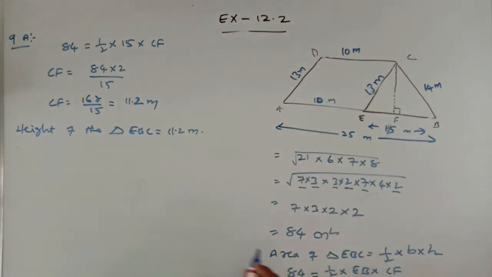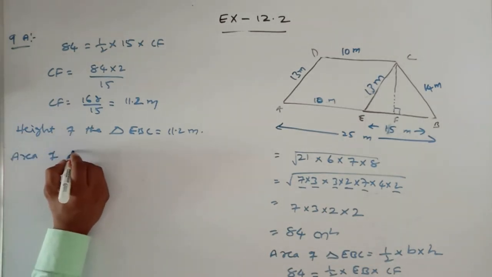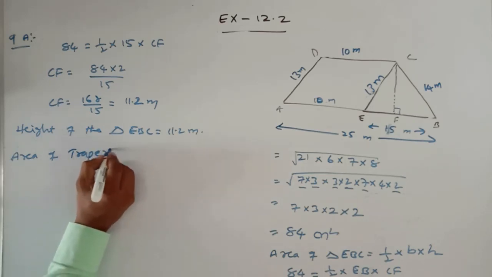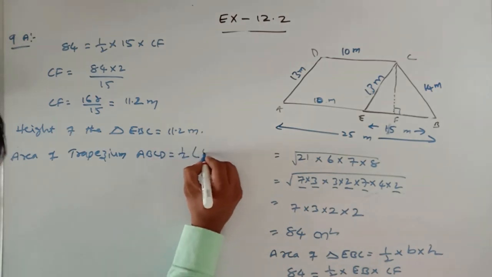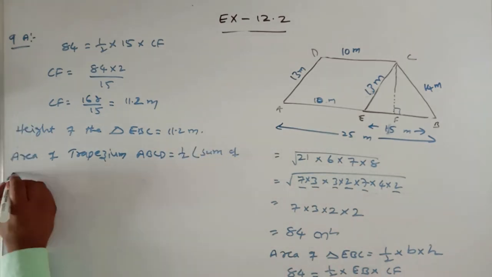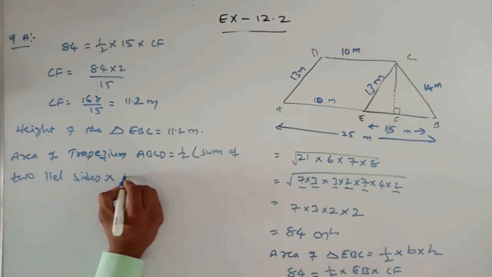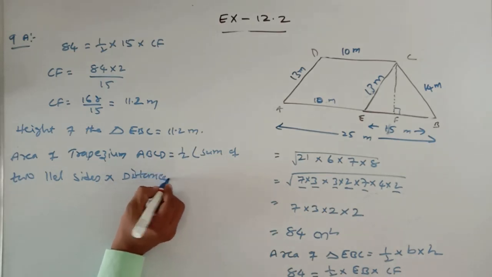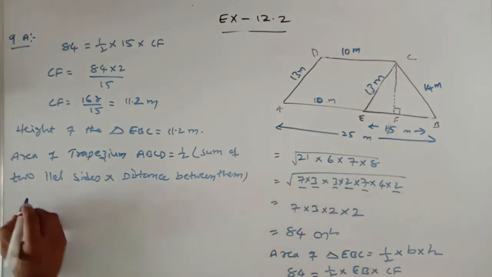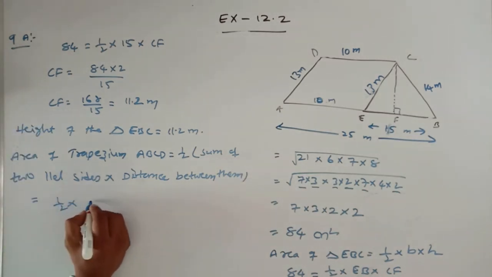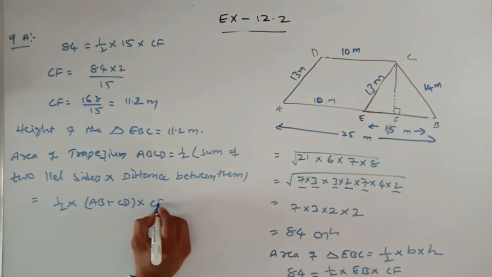Now I am going to calculate the area of the trapezium. Area of trapezium ABCD is equal to half into sum of two parallel sides into distance between them. That's equal to 1 by 2 into sum of two parallel sides AB plus CD into distance between them, which is CF.